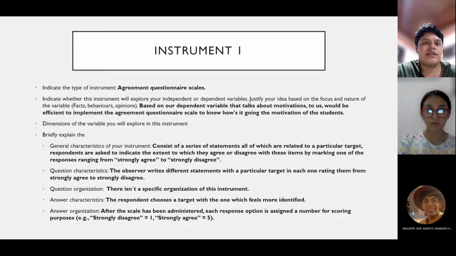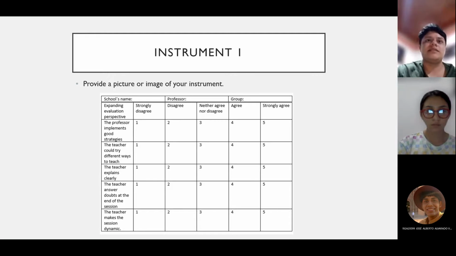And the answer organization is that after the scale has been administered, each response option is assigned a number for scoring purposes. Strongly disagree is a 1 and strongly agree is a 5. And this is our example for our first instrument.